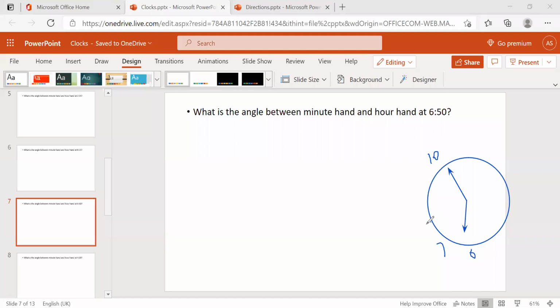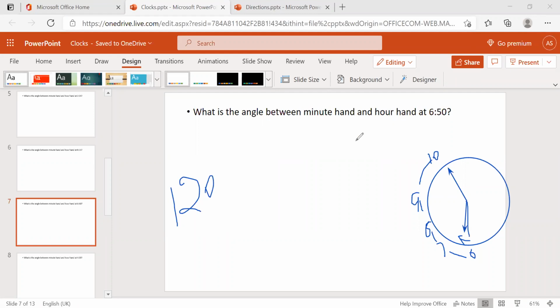So 7, 8, 9, 10, that is 4 spaces. So 4 into 30 is 120. But here the hour hand moves towards 7. If it were exactly at 6, then it is 120. It moves, which means the angle will be reduced.